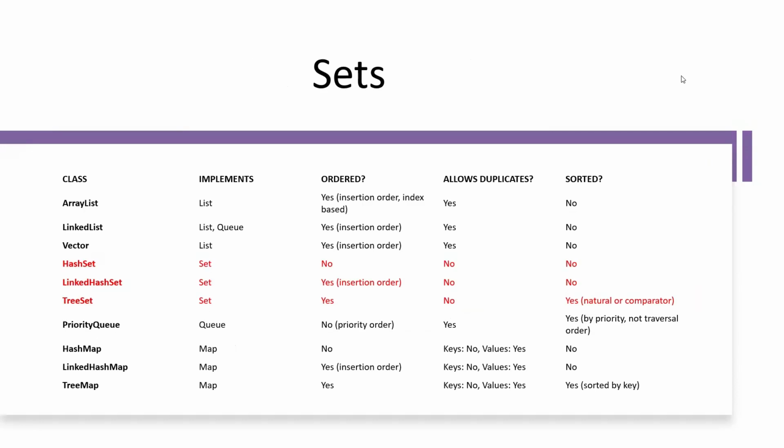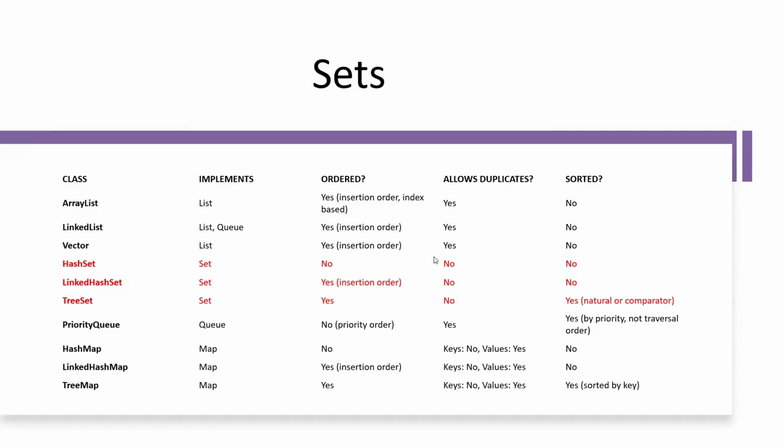So sets, a little review. The table is back. HashSet, LinkedHashSet, and TreeSet all implement set. HashSet is not ordered, but LinkedHashSet and TreeSet are. LinkedHashSet, as I already mentioned, is ordered by order of insertion, and so is TreeSet.